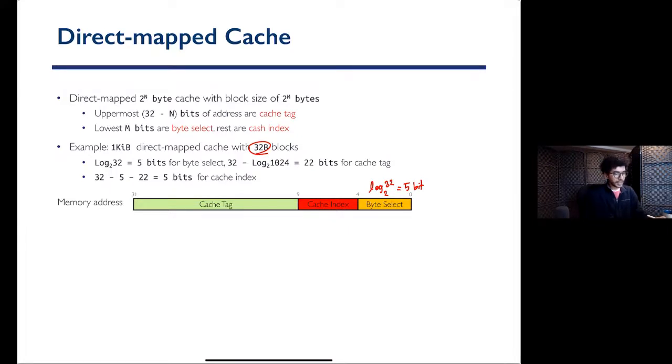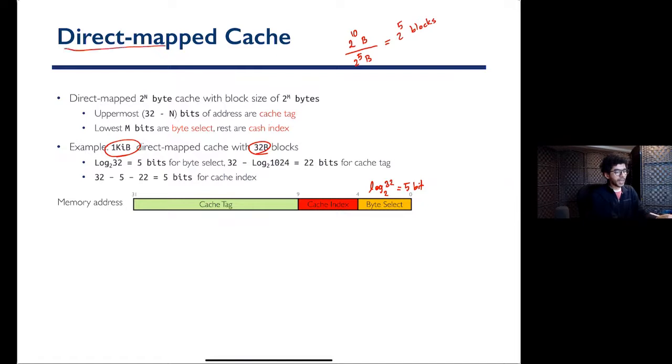Now, in this example, I'm assuming that my cache size is 1 kilobyte. So I have 2^10 bytes. Now, each block is 2^5 bytes. So how many blocks do I have? I have 2^5 blocks.